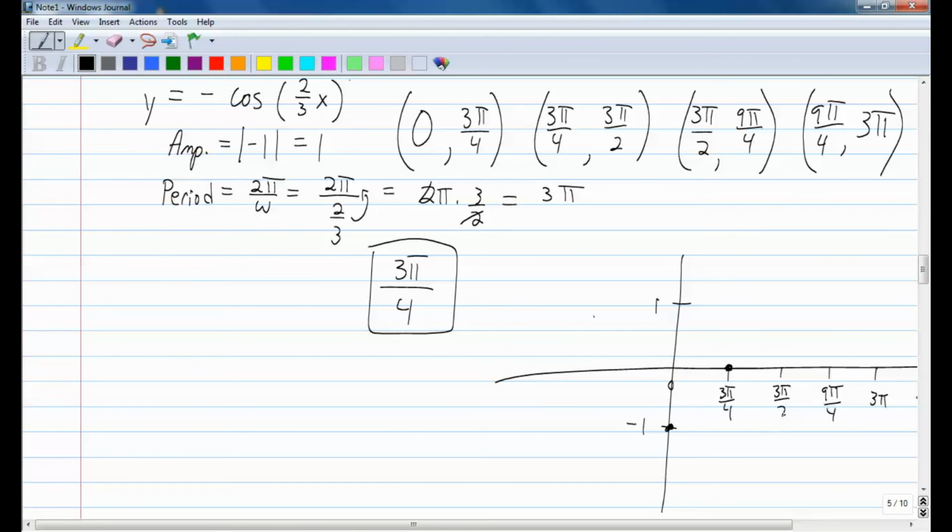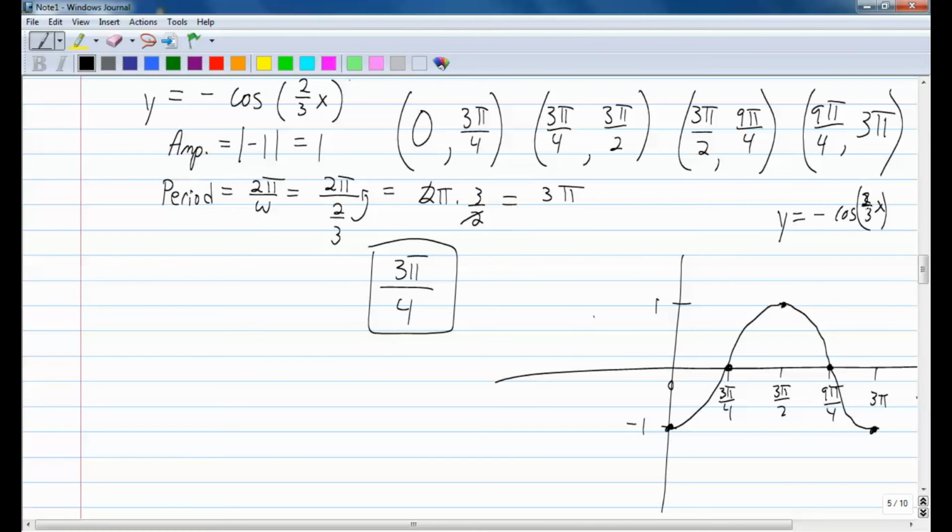Then we usually have a low point, so that means we're going to have a high point. Next significant point, we cross. Last significant point, we usually end at a high point. Since it was negative, we end at a low point. Now make sure you don't just make a V here. You want to connect the points with smooth curves. So that will be one complete period for y equals negative cosine 2/3 x.